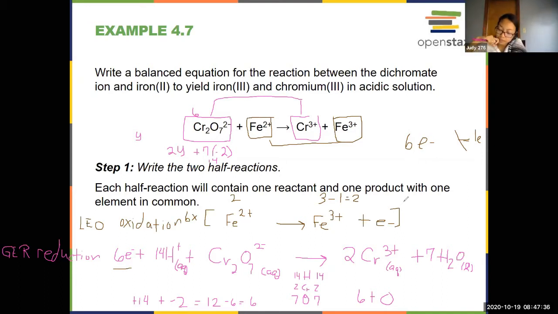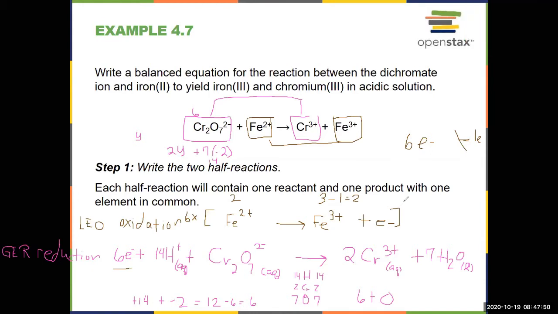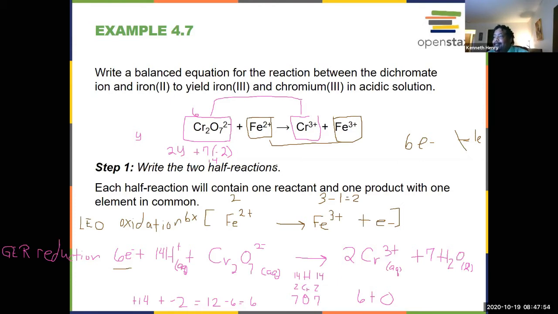That's right. So the electrons have to be balanced. The electrons that you're losing have to be equal to the electrons that you're gaining. Otherwise, the reaction won't happen, because this is going to become one big equation, correct? Okay, so let's go ahead and do that.